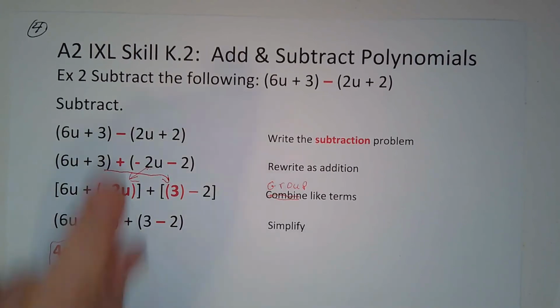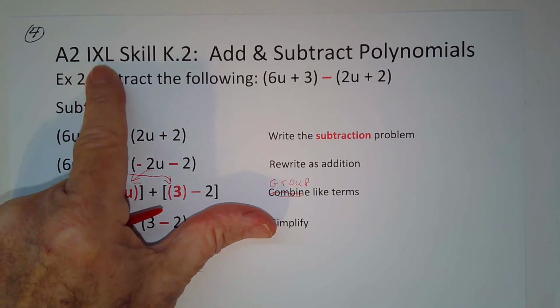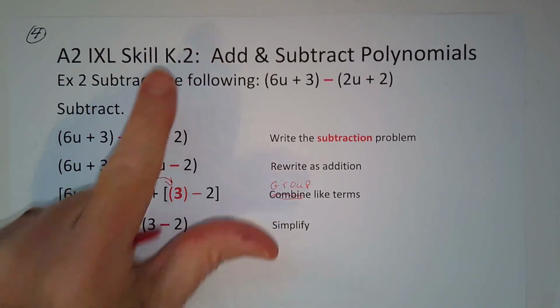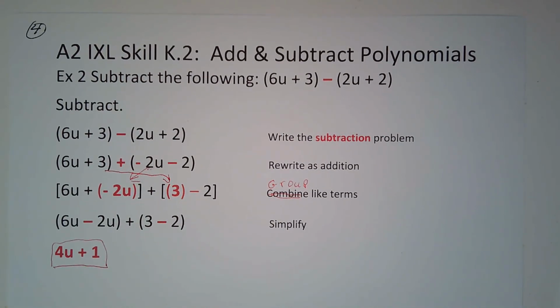Go ahead and work on IXL Skill K2. Make sure this is Algebra 2 IXL Skill K2. The only reason I say that is because I have a student in another class who was dutifully going through her skills, and there was no registration that she'd done anything in the subject that she was in, and it turns out that she was in the wrong subject entirely.